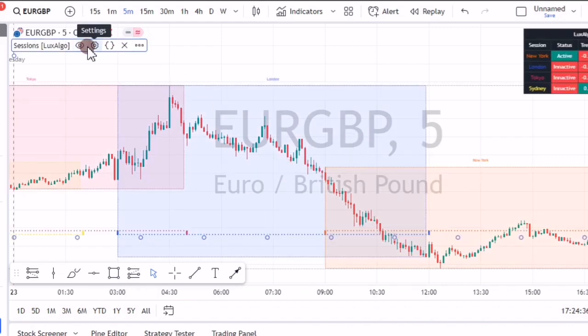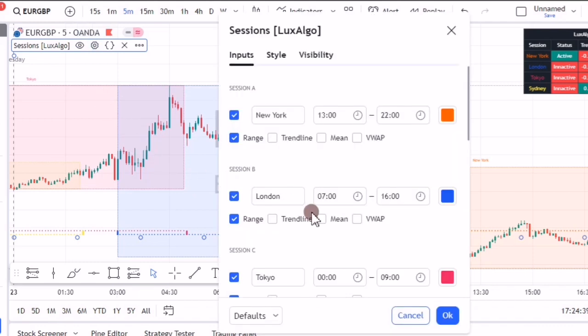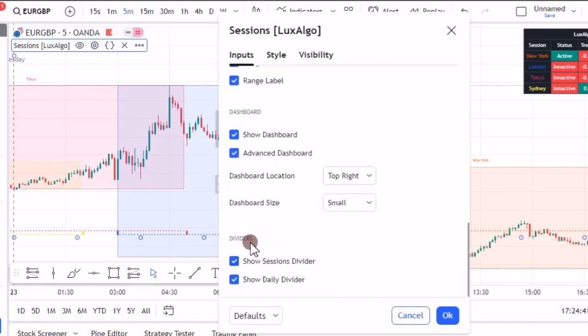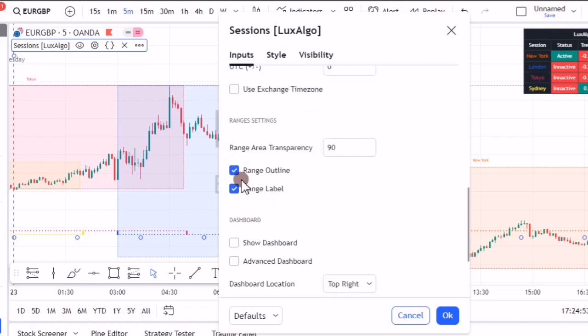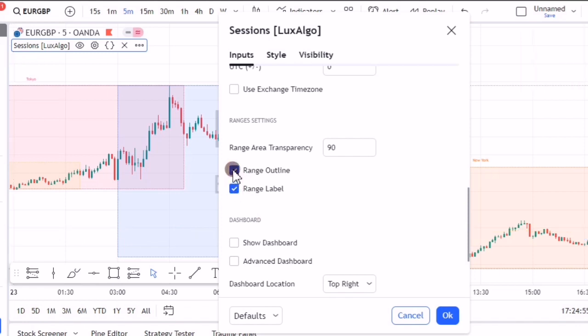You have to come to the settings of the indicator, scroll to the bottom under inputs, and uncheck the last 4 boxes, 2, 3, 4. You leave the range label and range outline.